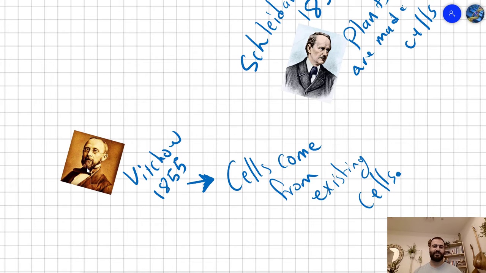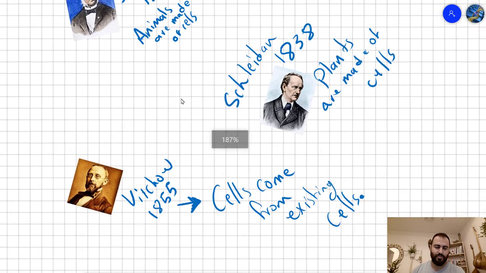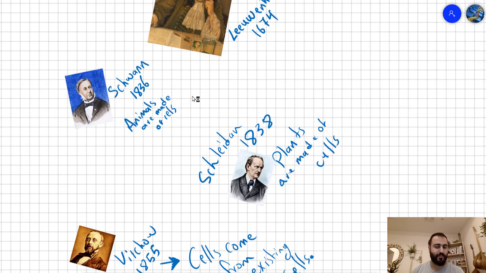And these were considered the basics of the cell theory, which is made of 3 parts. The first part is cells are the basic units of life. All living organisms are made of 1 or more cells, and cells come from pre-existing cells.